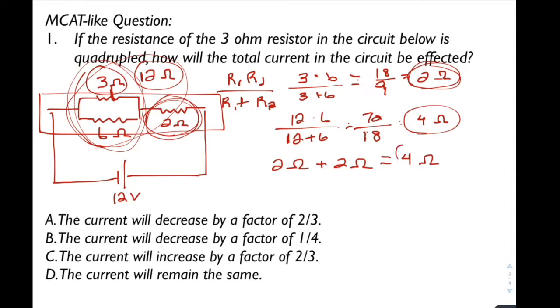This 4 ohms is the equivalent resistance using the 3 ohm resistor. Using the 12 ohm resistor, it's the 4 ohms I calculated here plus the 2 ohms it's in series with, which is 6 ohms.